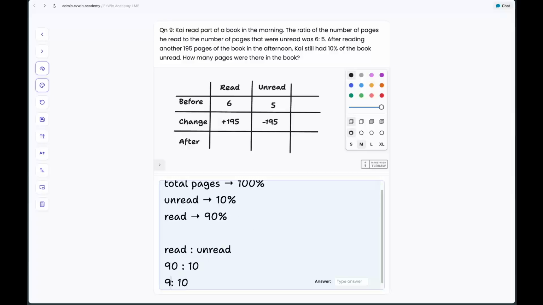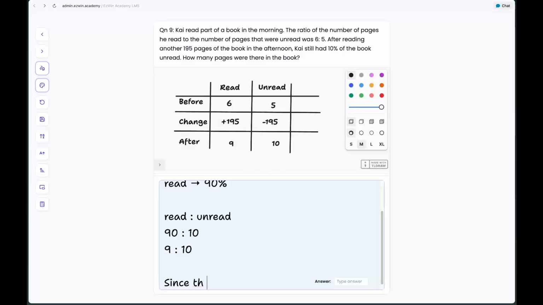So we can write here 9 is to 10. Okay. And if you look closely over here, since the total pages are the same, that means we have a total line over here. So total would then be equal to 11. And the unread over here is not 10, it's 1. So this is 1. So that means the total here is 10.